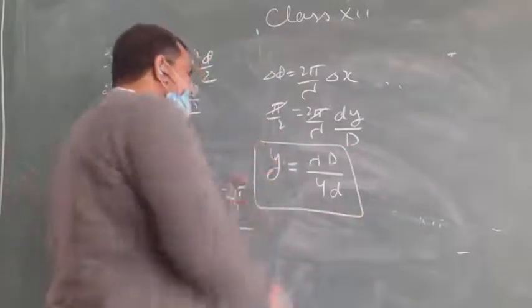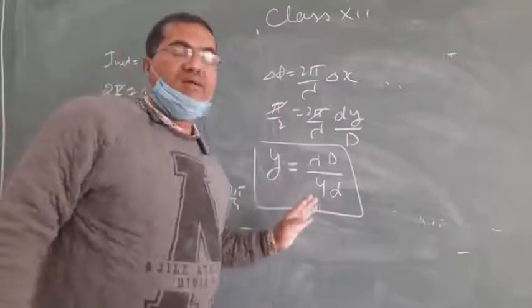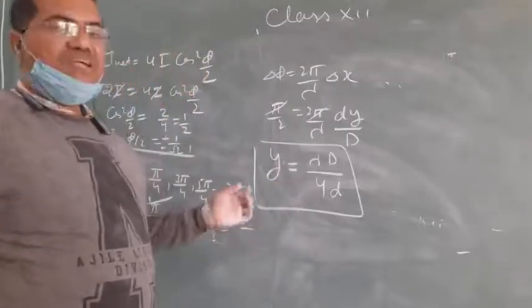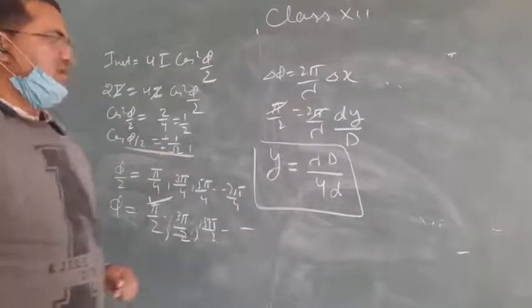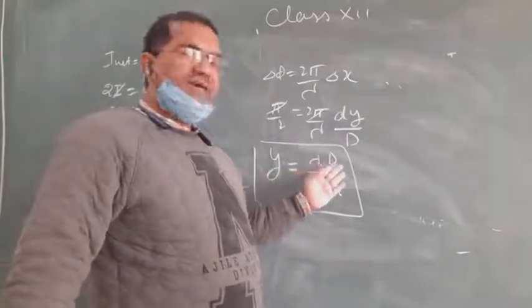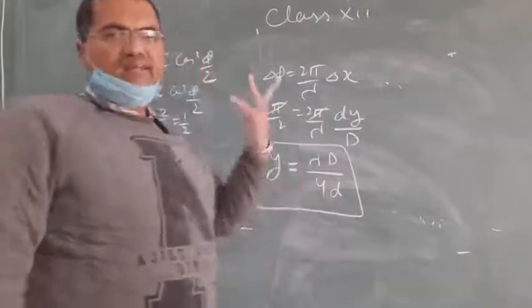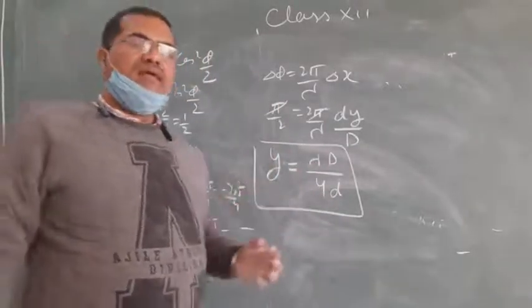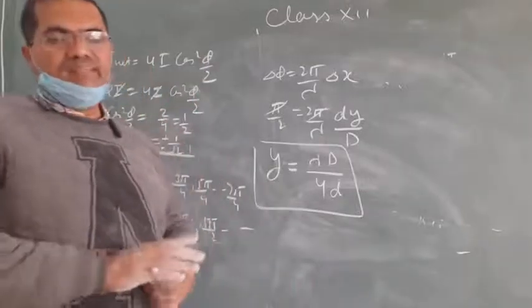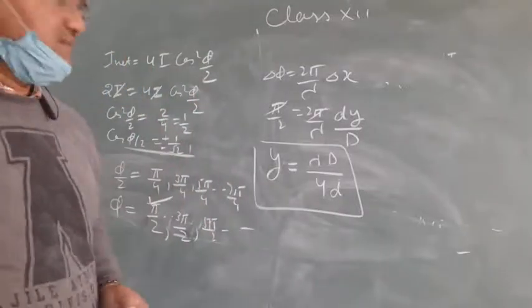So this is the position where intensity will be 2i, that is 50% of maximum intensity. Lambda is given, capital D is given, 4 is given, d is given, so you can find out the position where intensity comes to 2i, that is 50% of maximum intensity.